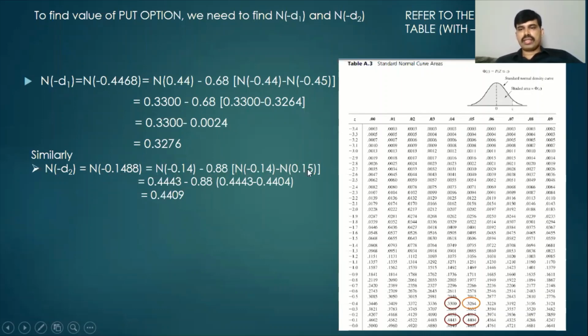So the negative 0.15 value comes to 0.4404, and the value associated with negative 0.14 is 0.4443. So if we multiply the difference with 0.88 and then subtract it from 0.4443, the value that we'll be getting for N minus D2 will be 0.4409.